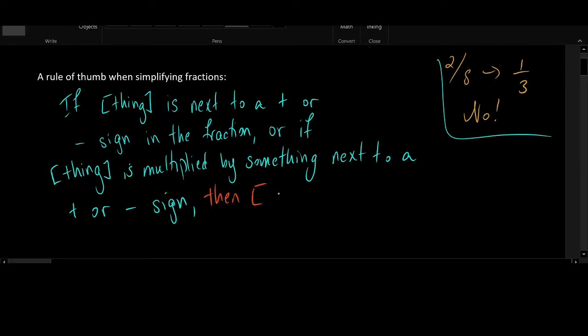Then this thing is not a factor. It's not a common factor, and it cannot be canceled.